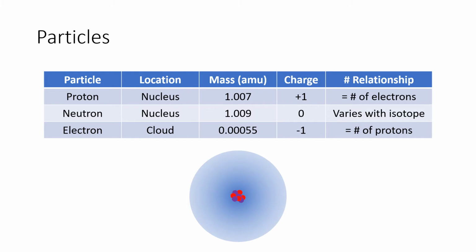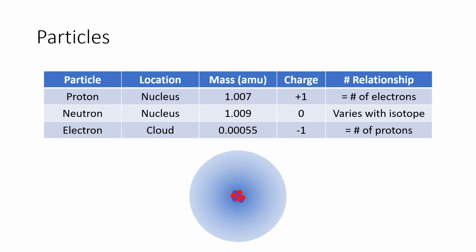If we look a little more closely at these three particles, we discover some interesting things about them. For instance, the protons and neutrons are in the nucleus, the electrons are in the cloud. The mass of the proton and the neutron are very close to one another, although the neutron weighs ever so slightly more than a proton, and the electron weighs quite a bit less.